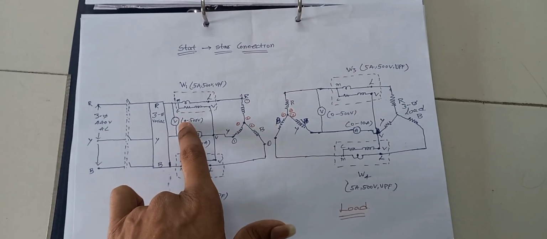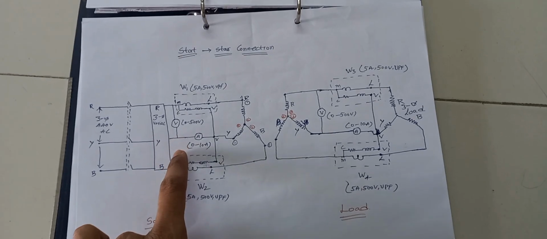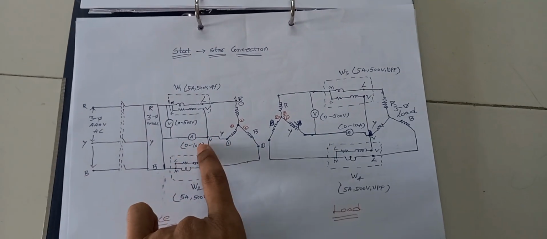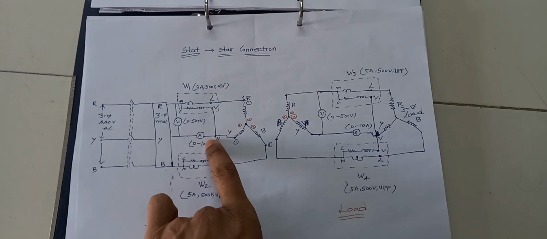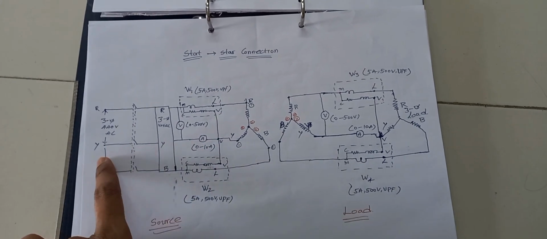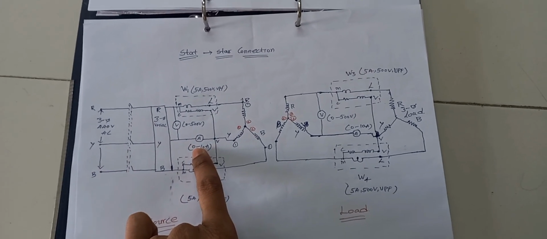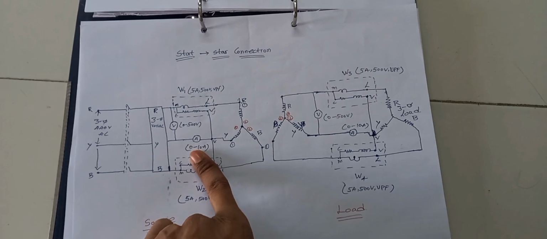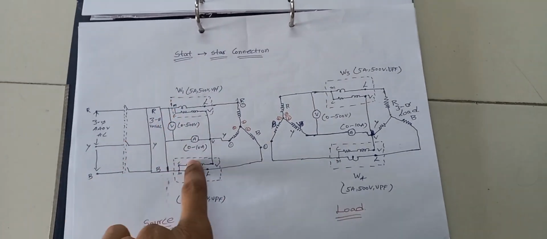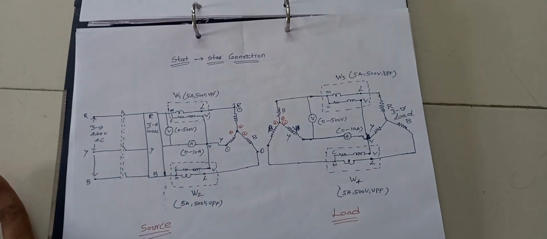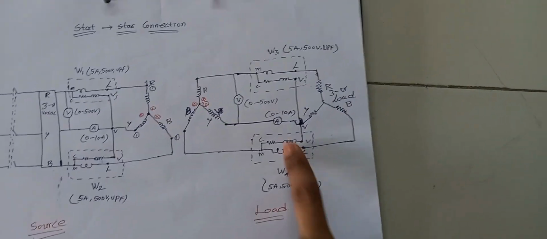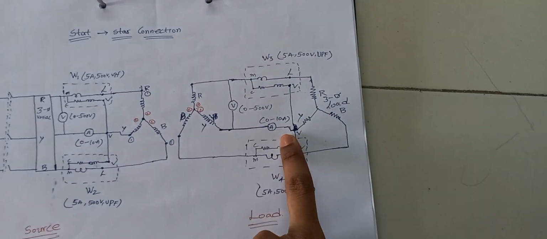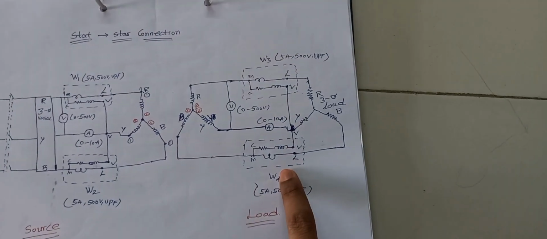That line voltage is the same in all the phases, and current is also the same in all phases. So we are taking only 1 ammeter to measure the current of one phase, and the remaining phases also have the same current. Here also the same: we are taking 1 voltmeter, 1 ammeter and 2 wattmeters.